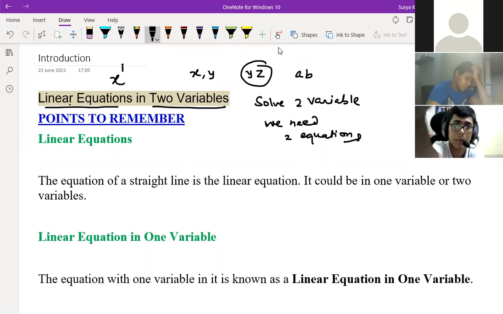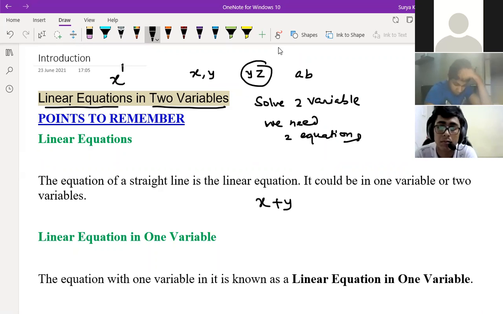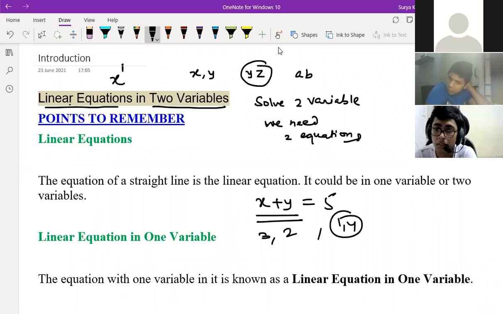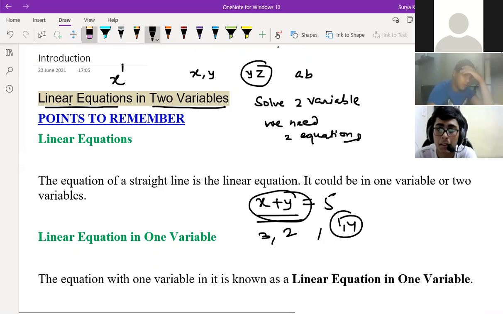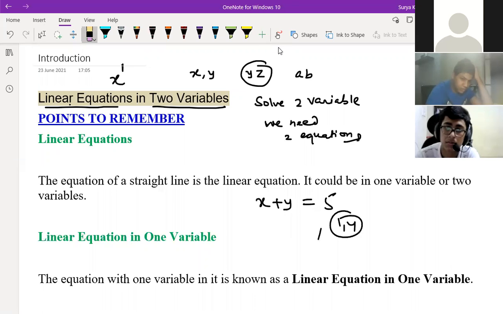By the help of one equation, you can't find the value of x and y, right? Suppose I'm saying x plus y is equal to 5. You can't say exactly the value of x and y. It can be 3 and 2, it can be 1 and 4, like that. But to solve exactly this x and y, we need exactly two equations.